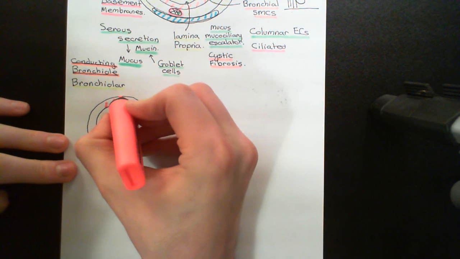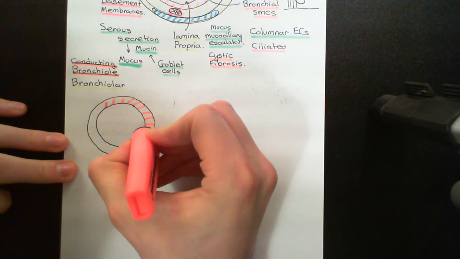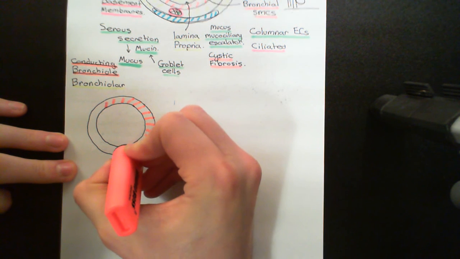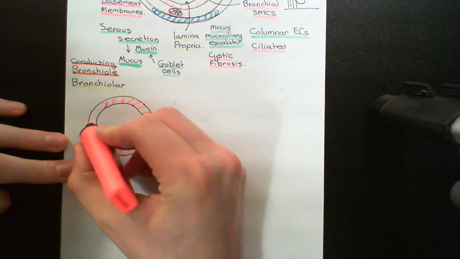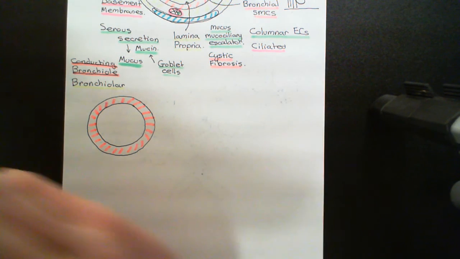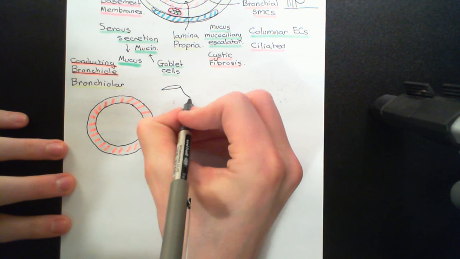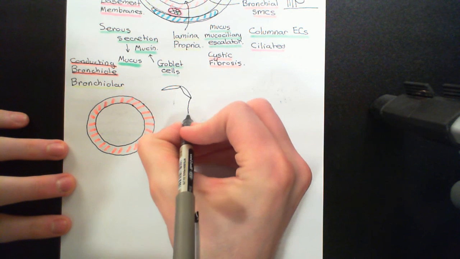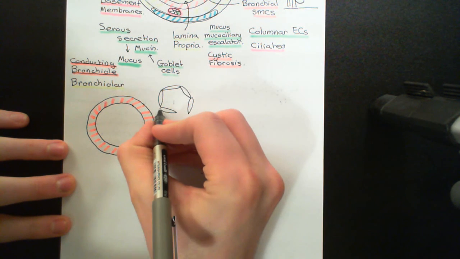And once again, I'll stress that this layer consists of rings of smooth muscle cells, and those smooth muscle cells can contract, and when they all contract, they'll all shorten in length. And if you imagine them forming a great ring, I might just draw a little picture of this. So here's one bronchiolar smooth muscle cell, here's another one, and you can see they're connecting up to form a ring, like so.